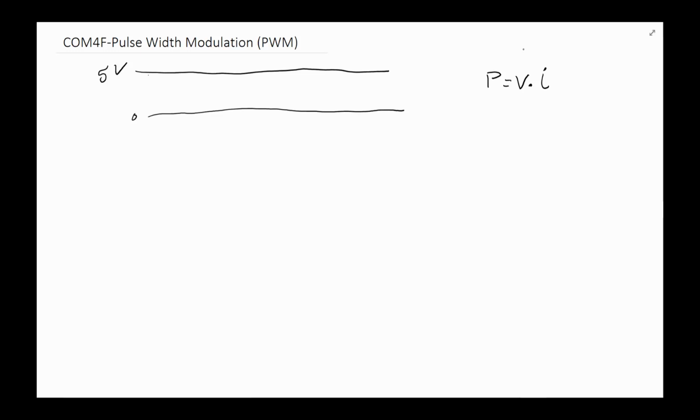So if I want to change the power, I could change the voltage, or I can change the current. Both of those can be done, if it was a power supply and a human was there, you could turn the knob, but both of those are very expensive things to do.